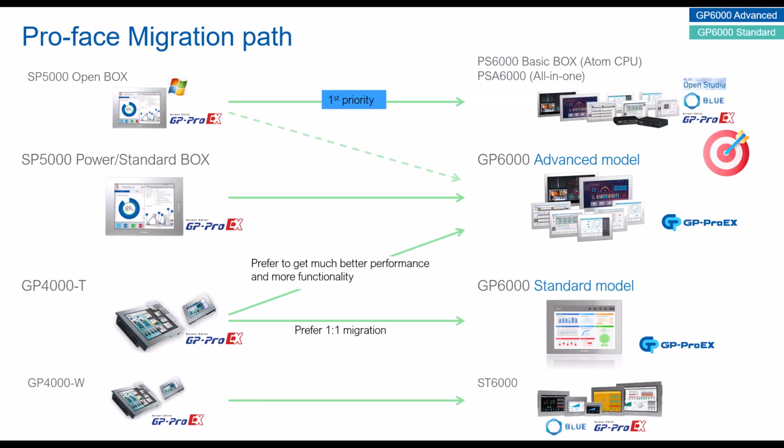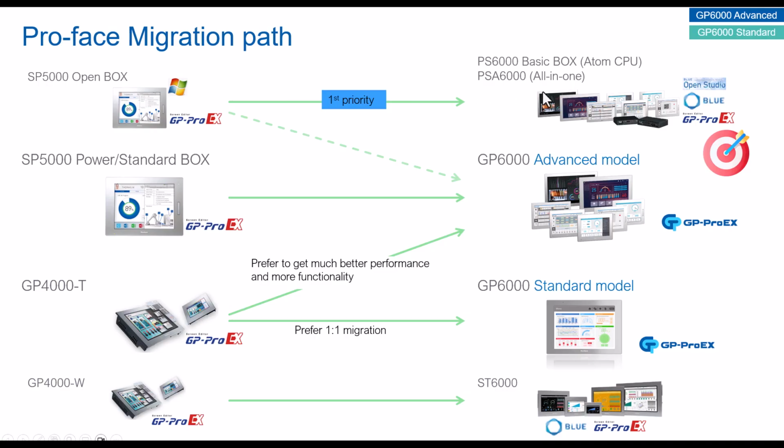Okay, so looking at our migration path from the existing SP5000s and GP4000s, our first priority, just because this is hardware that is going to go away faster than other hardware, is the SP5000 open box, and consider that there are SP5000 open boxes also with Windows 7.